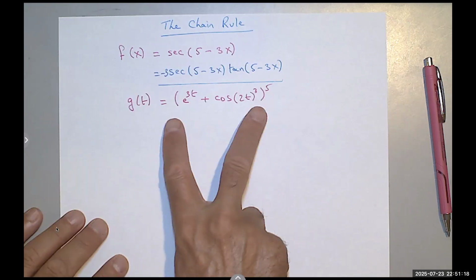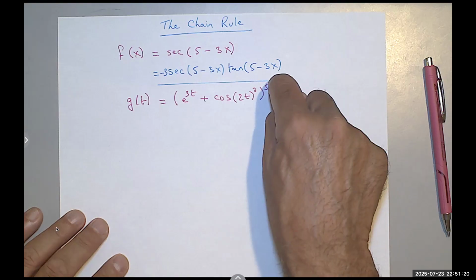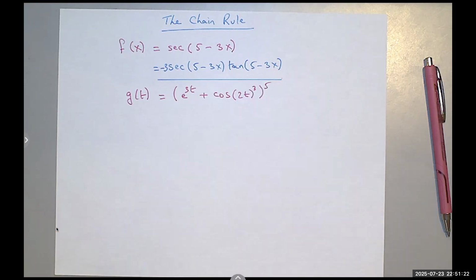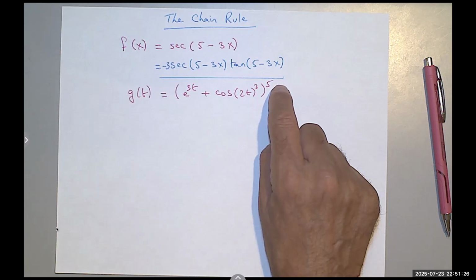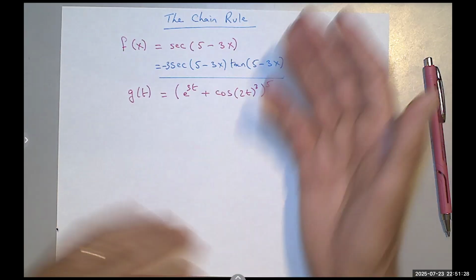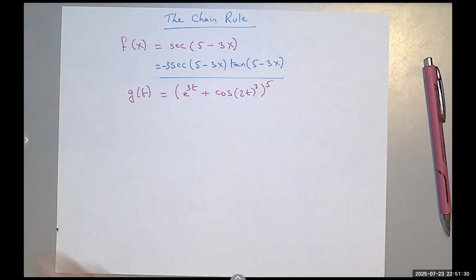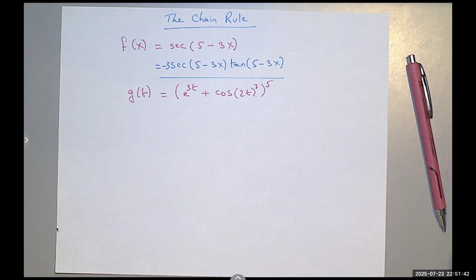Here there is a parenthesis with an exponent. So we are taking the derivative of something to the exponent. Since you are not taking the derivative of what's inside, you assume it's x. So it's as if I'm taking the derivative of x to the fifth. The derivative of x to the fifth is 5x to the 4. So you write 5.